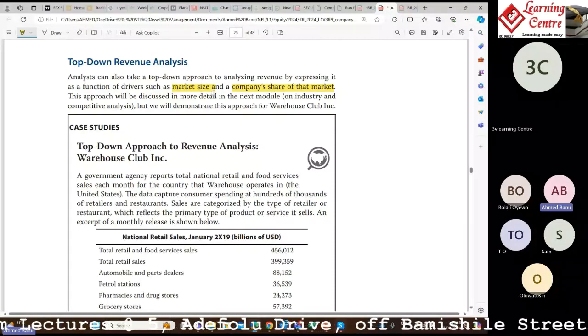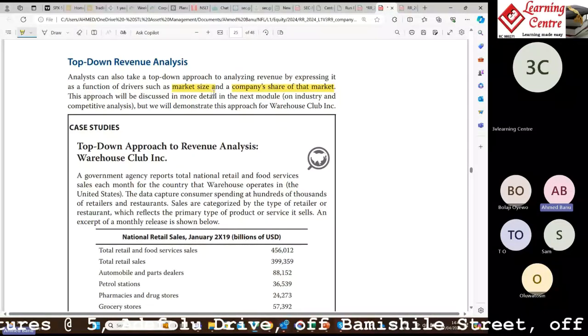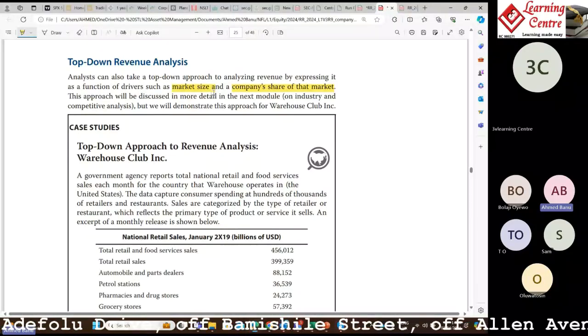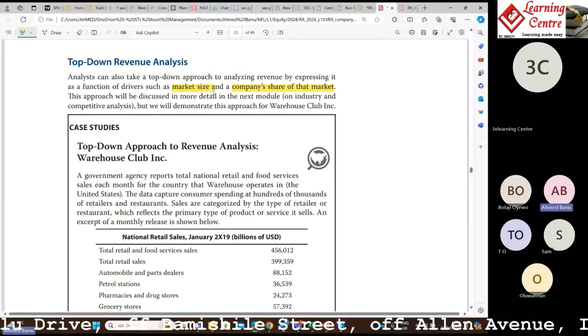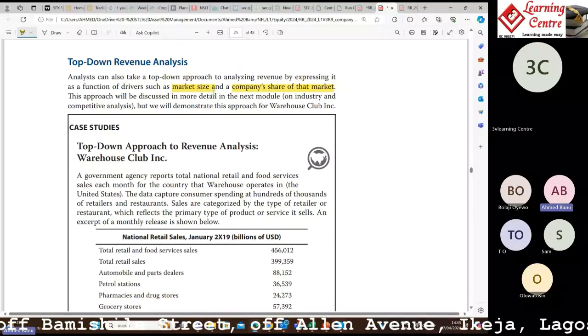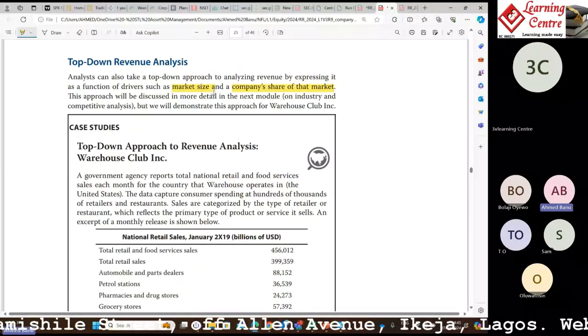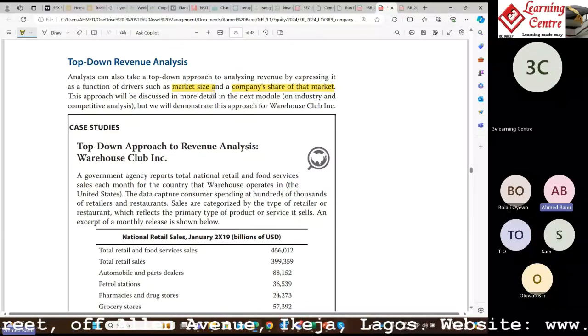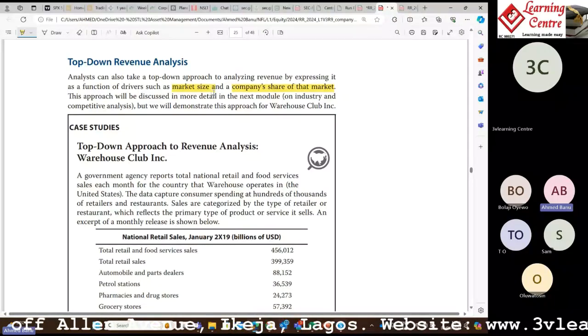You're getting my point. If the market size is, say, 10 million and it's growing by, say, 30% every year, and the company owns 30% of that market, then its own market share is 3 million naira. So you can assume that its own will be growing at 30%. So that's top down, looking at it from the top.